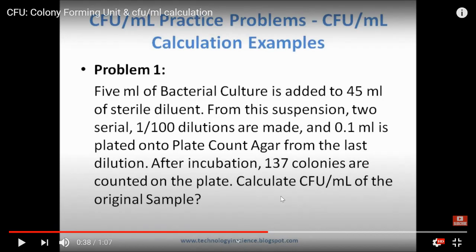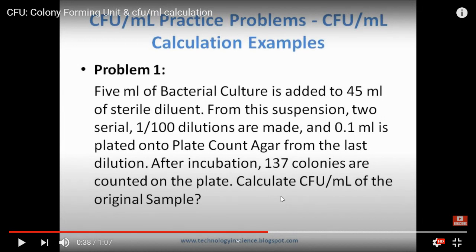Anybody have anything? Are you stuck? So, the total volume is 50, right?